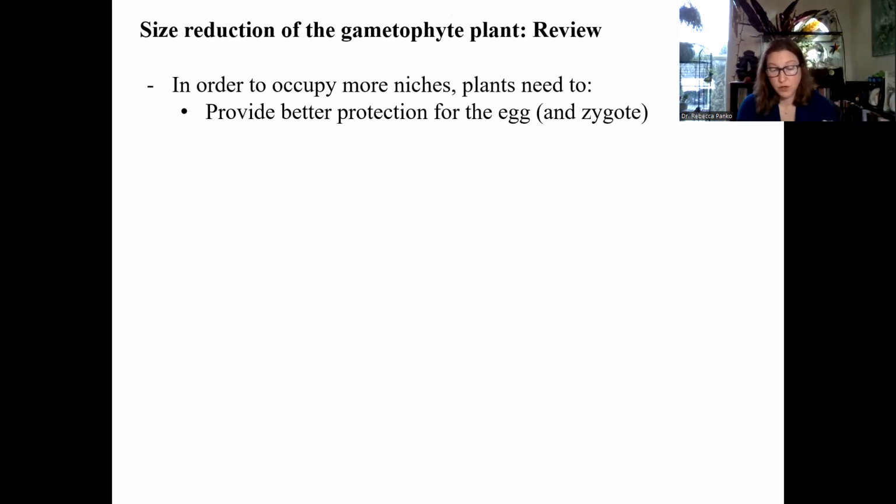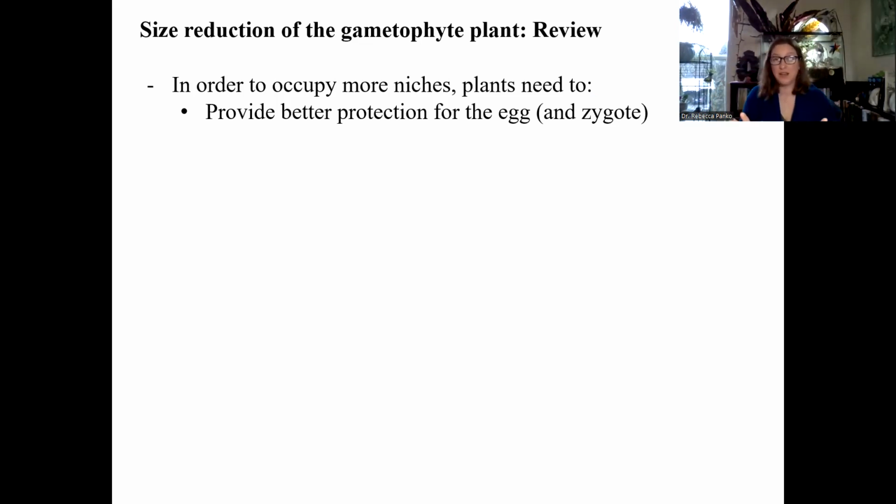So far in what we've learned in this course, we've seen a switch in dominant generation from gametophyte to sporophyte. We've seen increased complexity of the sporophyte plant. We've seen the ability to spread progeny further distances because now sporophyte plant individuals can make so many more spores than when we started this course looking at the bryophytes.